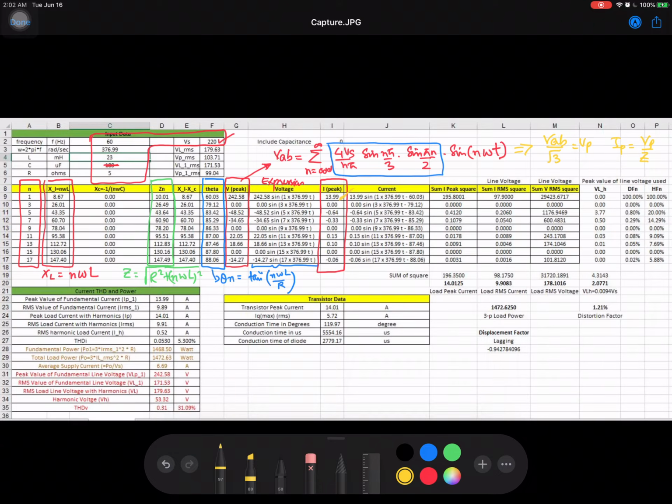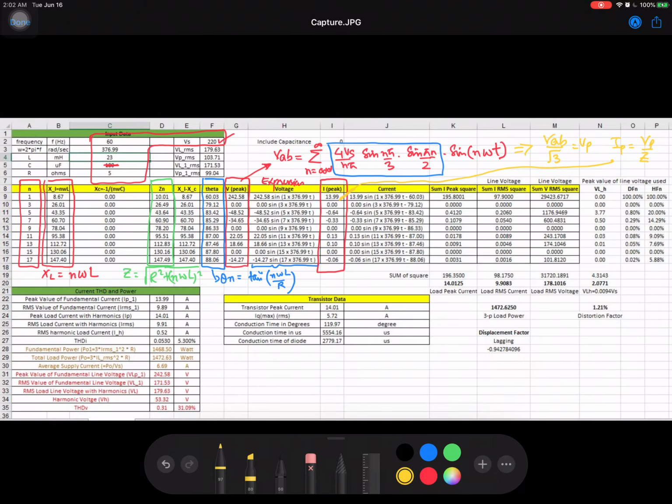So this is calculated with the help of this expression. We first calculated the phase voltage divided by the impedance, and the impedance definitely is different for different frequencies because impedance is a function of frequency.